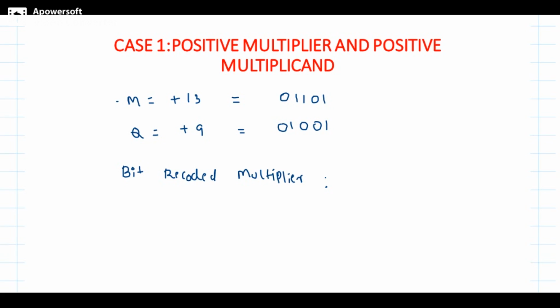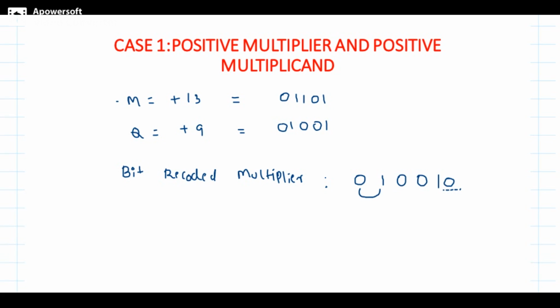So I have to consider the sign of the number, that is 0, followed by the magnitude 9, that is 0, 1, 0, 0, 1, and in order to compute the bit recoded multiplier, append one extra 0 to the LSB location.